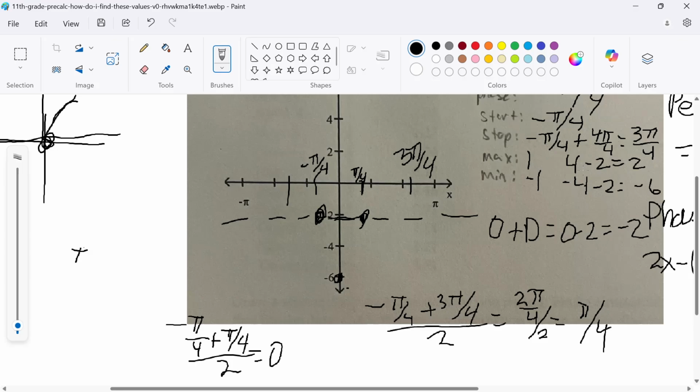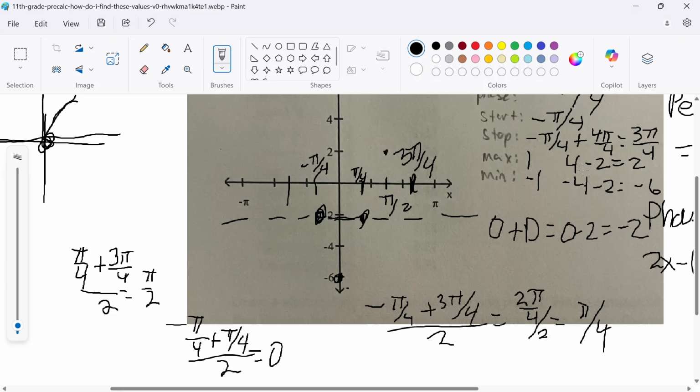So pi over 4 plus 3 pi over 4 divided by 2 equals 4 pi over 4, which is pi, divided by 2. So at pi over 2, this is 3 pi over 4, this is pi over 2, it's going to go to the high point again.